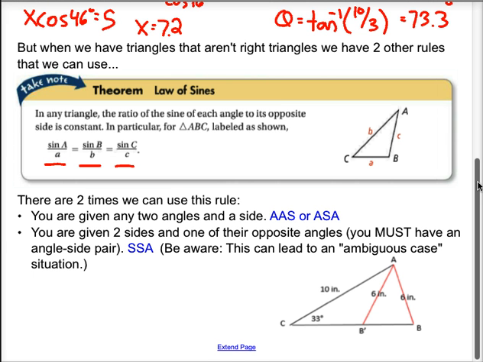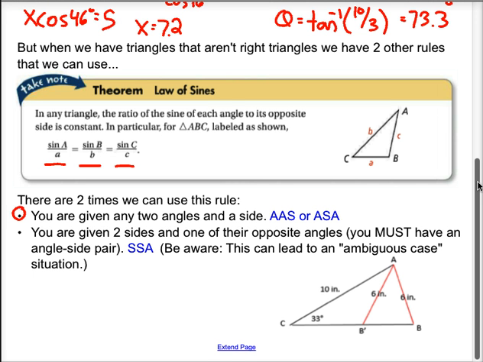Now, basically, this works whenever you can create a side and an angle pair within a triangle. And I'll show you what I mean by that in just a second. But if you're looking for concrete rules, first rule, you can use this when you're given any two angles and a side length. So we're talking about two cases here: angle, angle, side, and angle, side, angle.